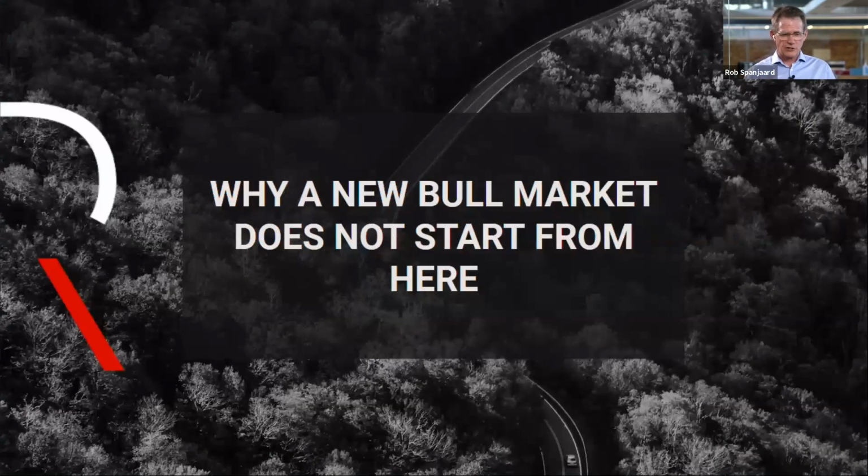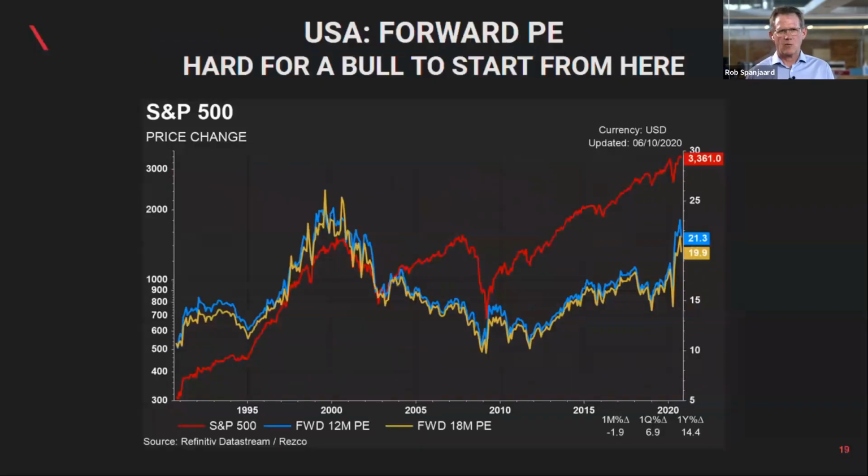One of the questions we're sitting with in terms of equity investment: we think it's very unlikely that a new bull market starts from here. It doesn't seem possible. Now, why do we think that? If you take the US context, the S&P is the red line, probably one of the better equity markets. It's actually done better than the European markets. But you can see the price earnings ratios, which are the blue line and the yellow line, forward earnings based on earnings 12 months out, even 18 months out.